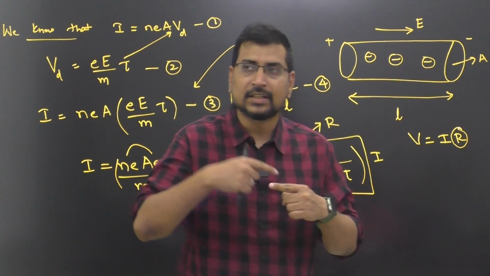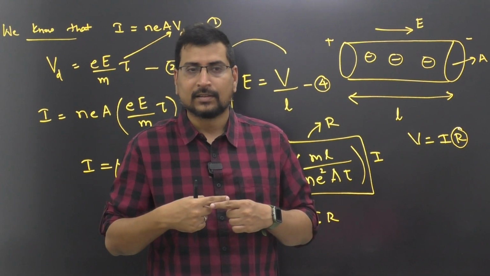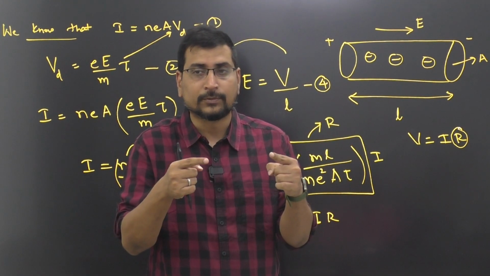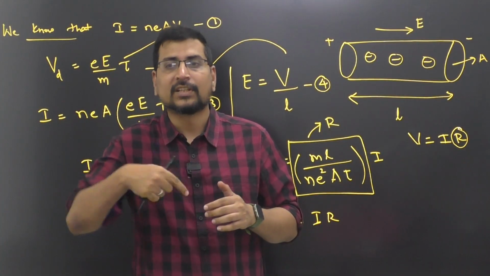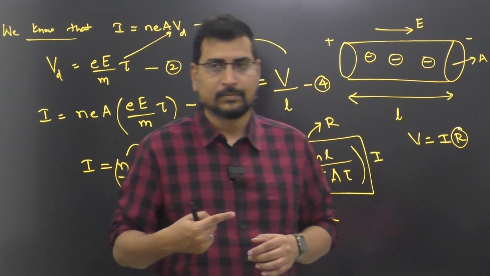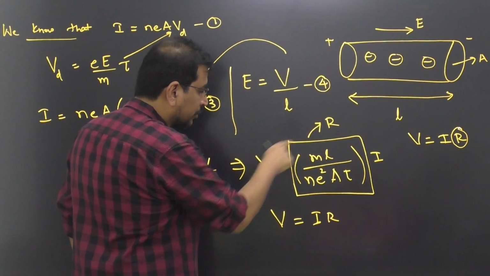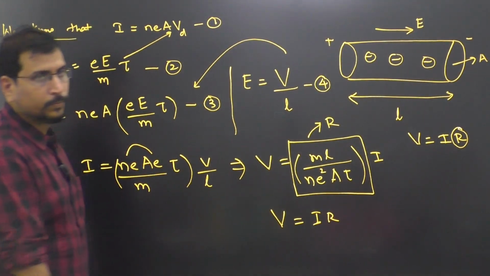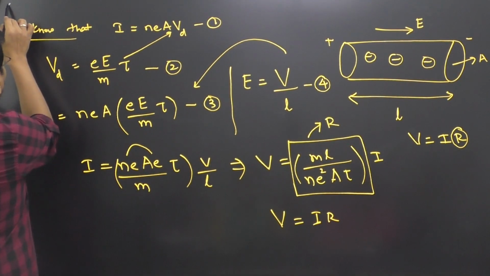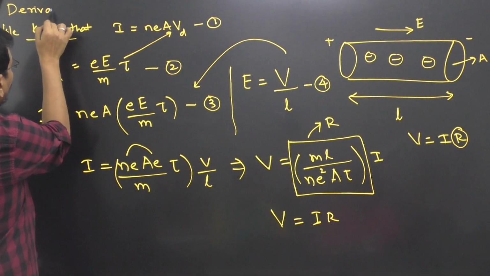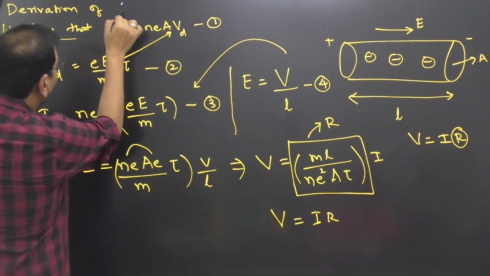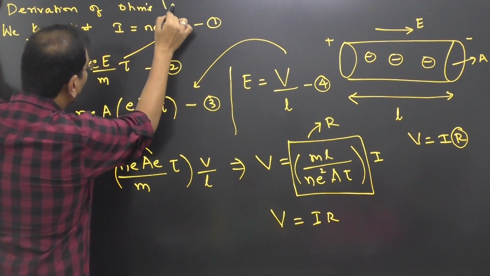I repeat, kinetic energy increases. The time existing between two successive collisions will decrease because they start moving faster. You're able to understand? So this expression is what is Ohm's law. So we have seen the derivation of Ohm's law.